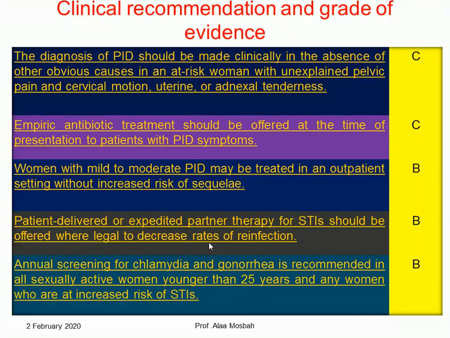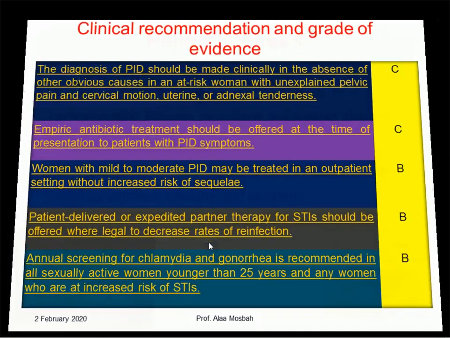Grade B evidence. Annual screening for chlamydia and gonorrhea is recommended in all sexually active women younger than 25 years and any women who are at increased risk of sexually transmitted infections. Grade B evidence.